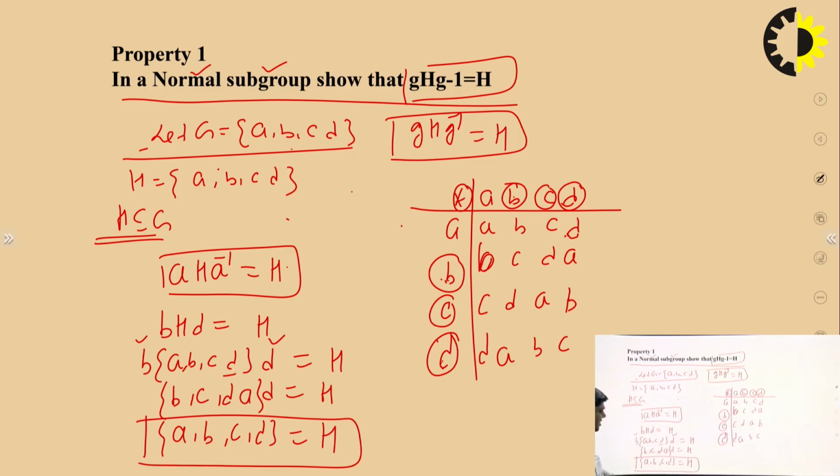Here is H, and we operate each element with its inverse element and we prove H. This is a very important theorem, asked many times in university examinations. It is very simple, we prove it using the Cayley table.